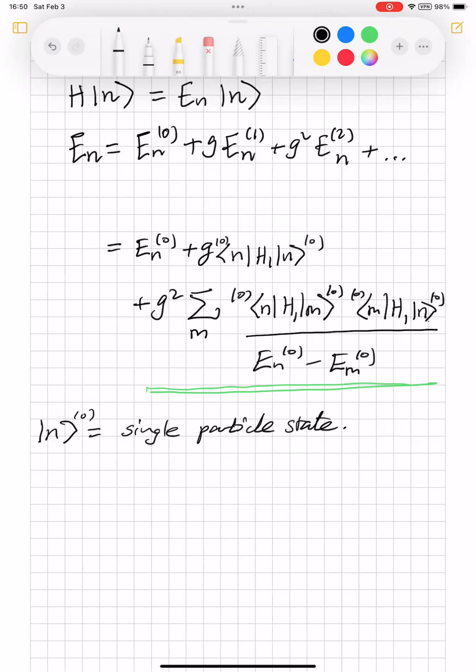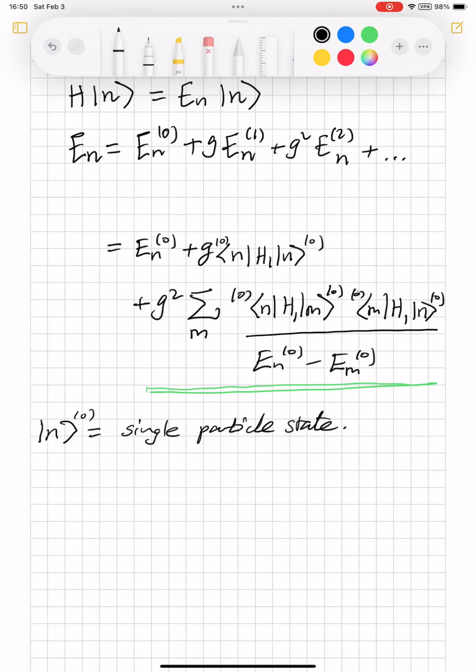I then interact and I make a transition to the state M. Then when I'm in the state M, I make a transition again by interacting back into the state N. So I jump from N into M, and then from M back into N. And each transition is because of an interaction with H1.